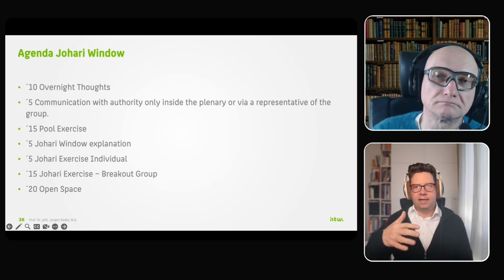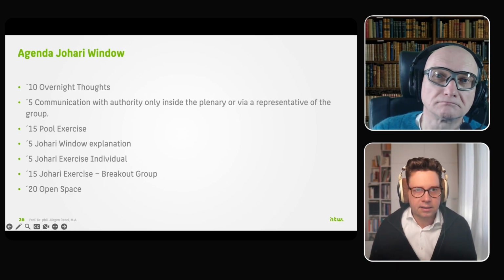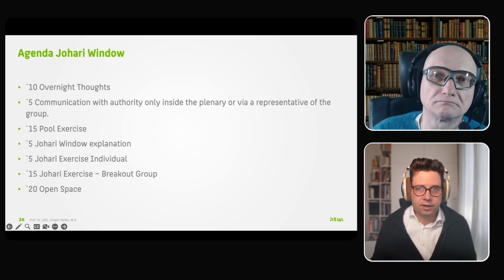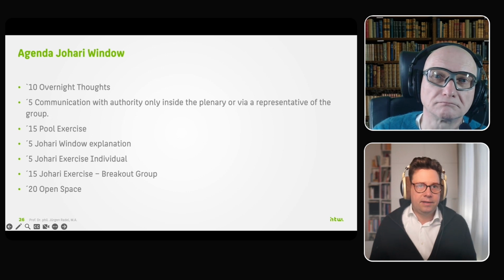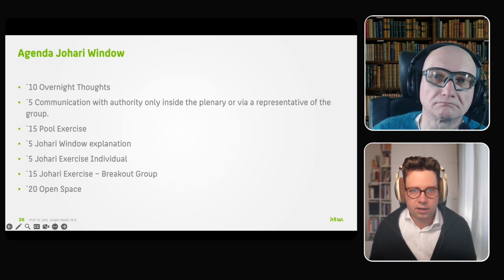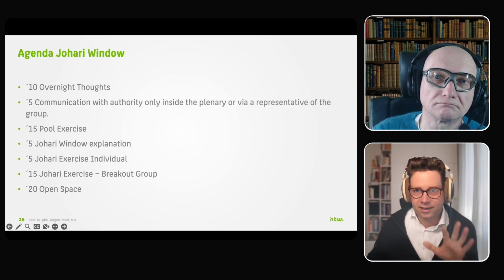For 5 minutes, we give them the chance to draw their individual windows. So it is always good to tell the students to have a pen and a piece of paper with them. And then we go into breakout groups. And at the end, we have an open space to discuss whatever has emerged throughout the last probably 60 minutes. So let's go into the after action review.